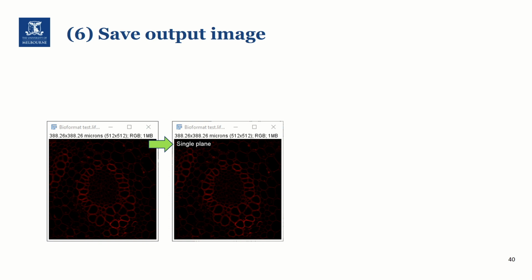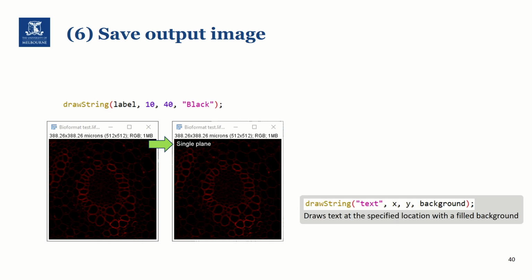Lastly, on the RGB image, we can also write any text using the drawString function. This function draws text at the specified location with a filled background. In this case, I have set the text value assigned to the label variable and set the location as 10 pixels from the left, 40 pixels from the top, and also I have set the background as black.